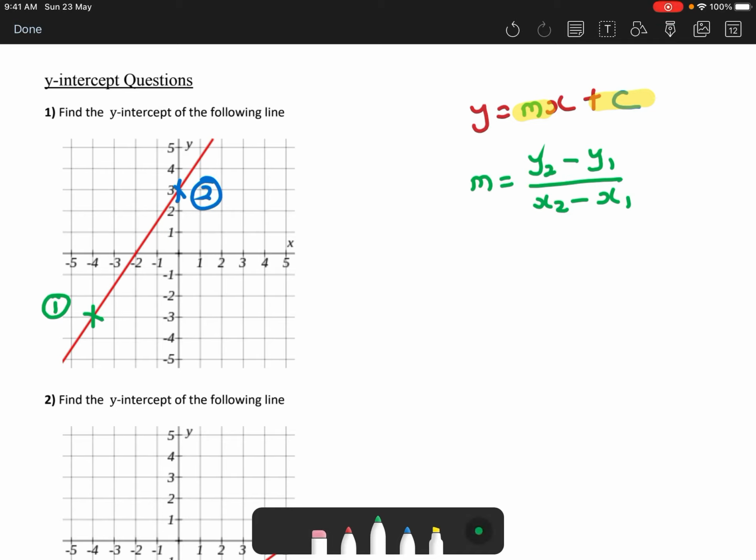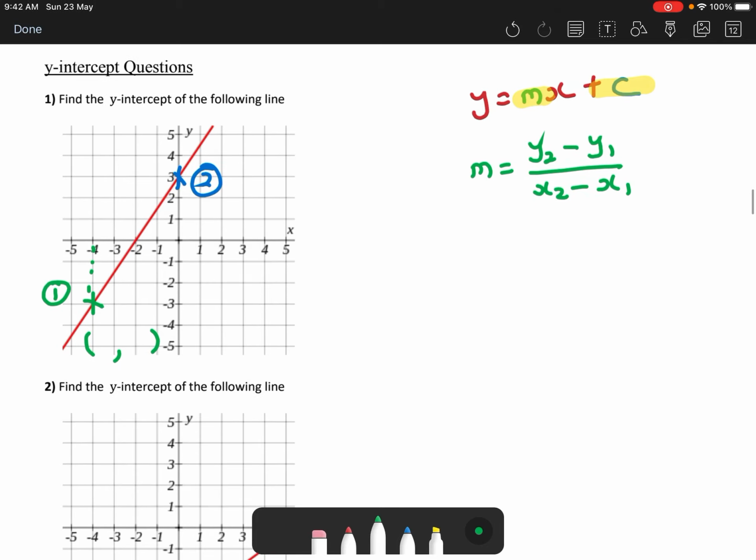Next, I will write down the coordinates. Remember the coordinate is a bracket and a comma, so the left hand side will be your x coordinate. So the x coordinate will be -4 and the y coordinate will be -3.